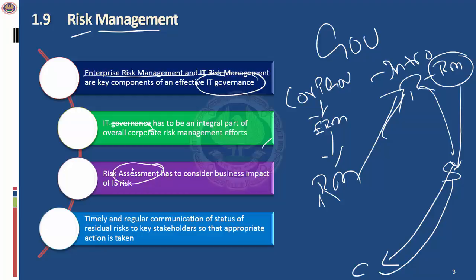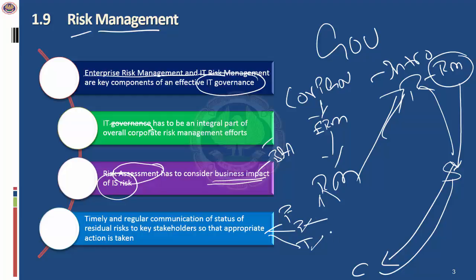When you do a risk assessment, one of the most important things you will have to consider is the business impact. This is where you do what is called the business impact analysis. When you're doing this from the context of risk, especially for information systems, we call it the information systems risk perspective. Now there are three key aspects for any effective deployment of technology: people, processes, and technology.